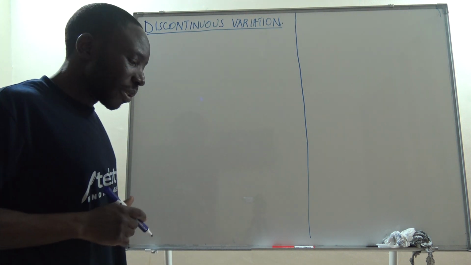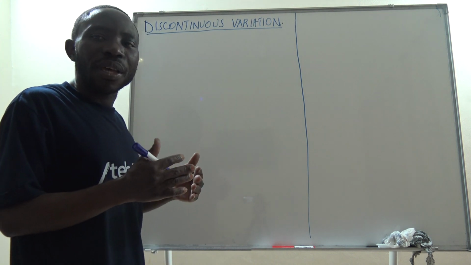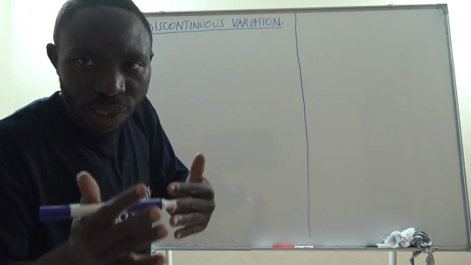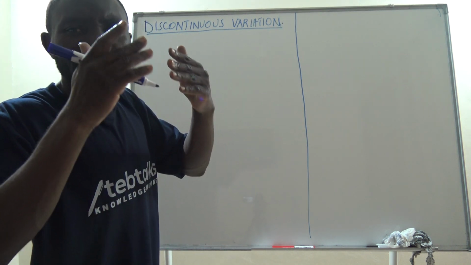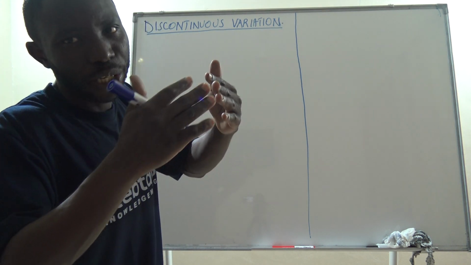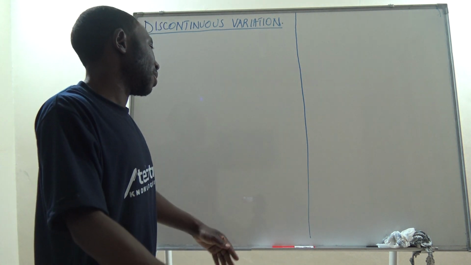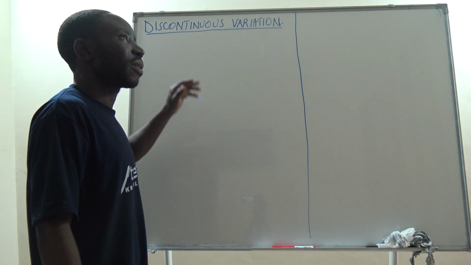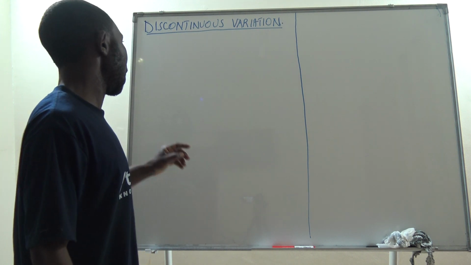In other words, there is always clear-cut expression between the characters varying within the members of the species, what we call discontinuous variation. Okay?